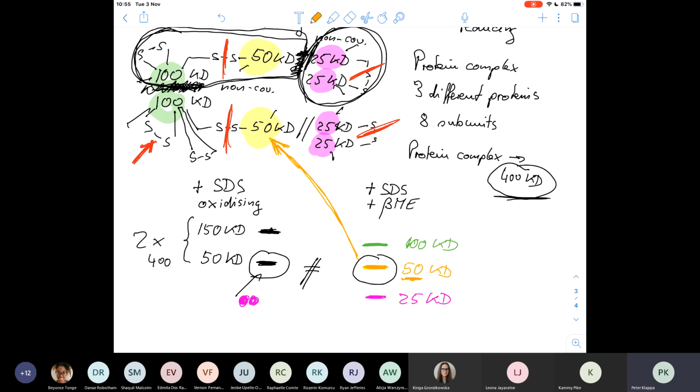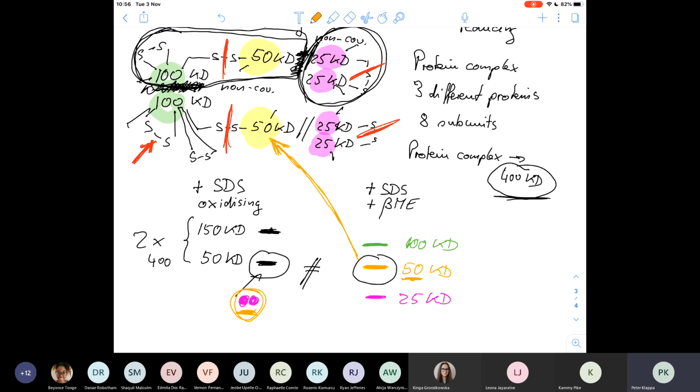That's absolutely right. There is a true 50 kilodalton band, but this is the two here stuck together, held together by the disulfide bond, which we don't crack under oxidizing conditions.